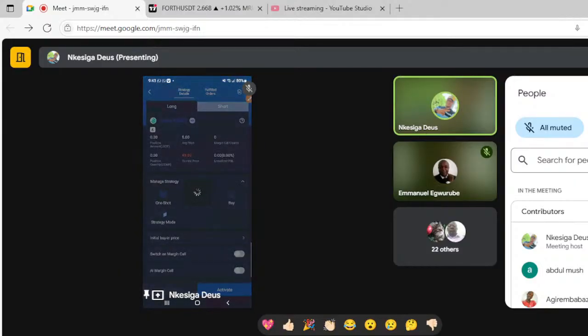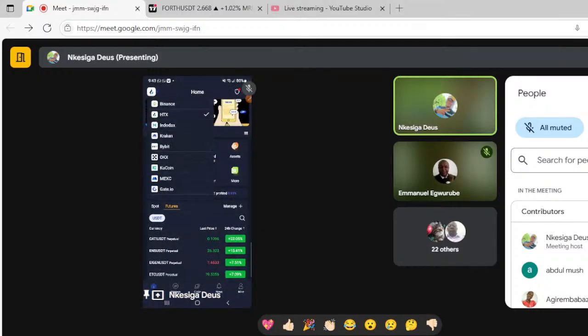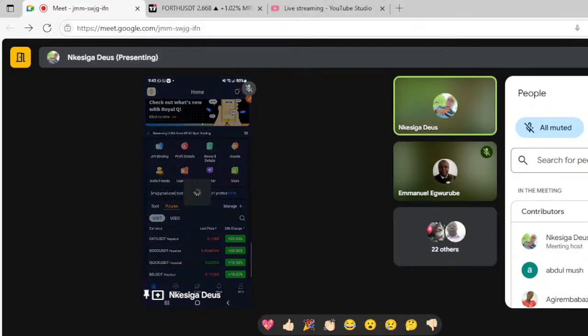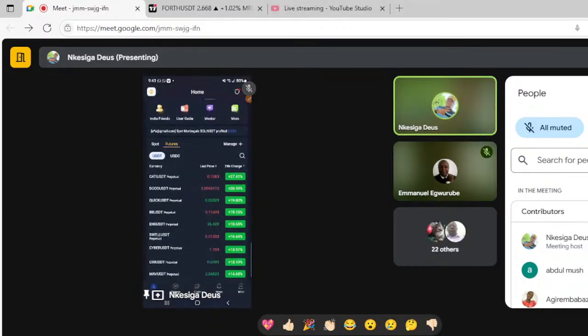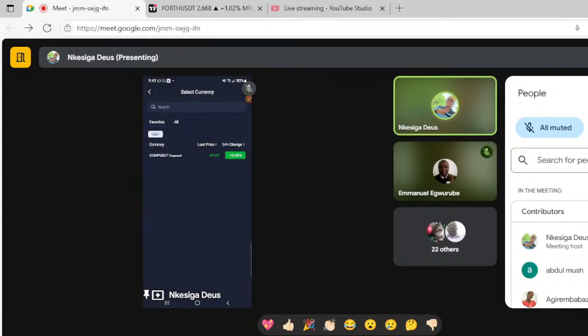I'm trading under Binance, not this one, so I'm putting Binance here, and I get the comp coin.